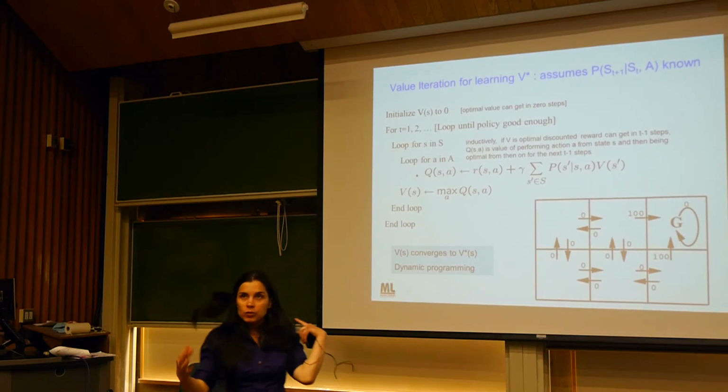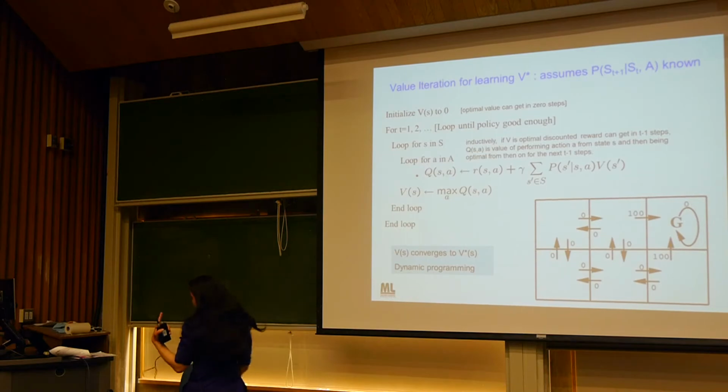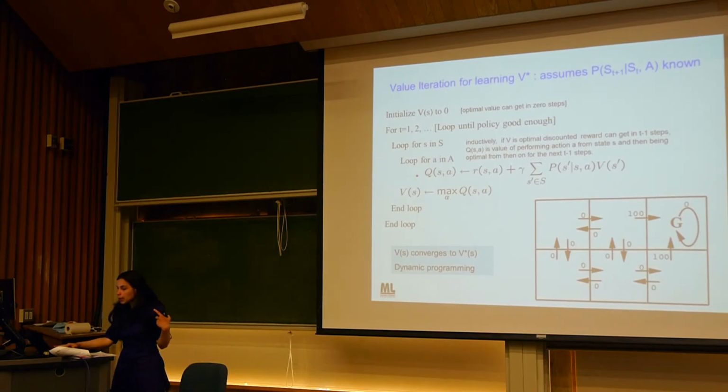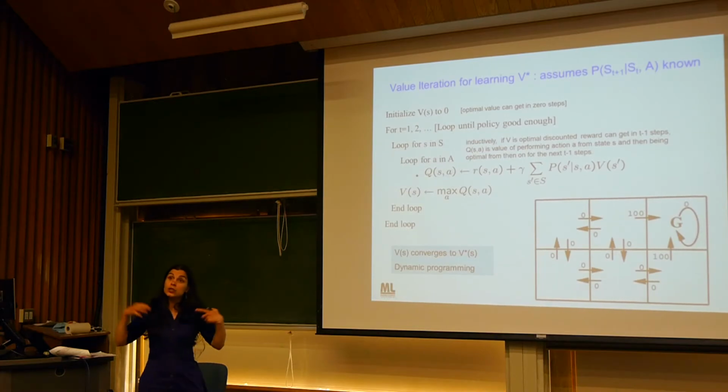So imagine that when we enter the loop at time t, we go through all action and state pairs, and let's assume that so far, in the function V of S, I store the optimal value I can get from state S if I am only allowed to move t minus 1 time steps. Let's assume that that's the case.